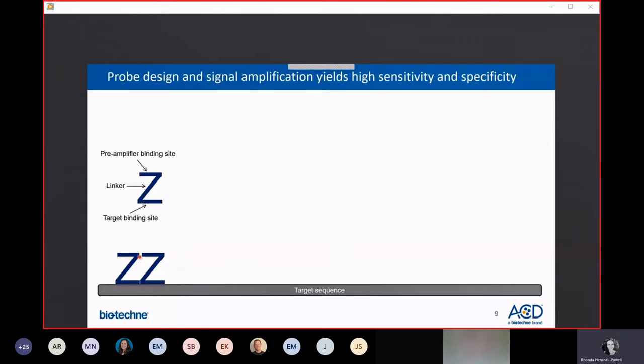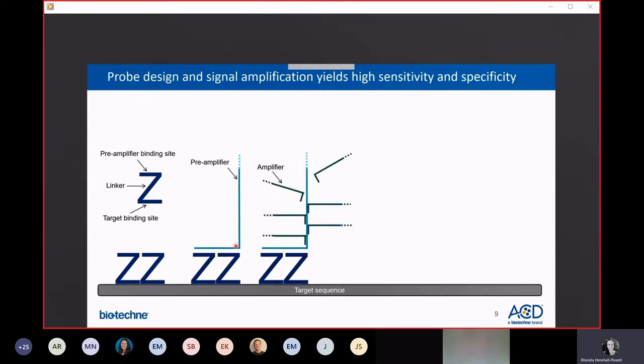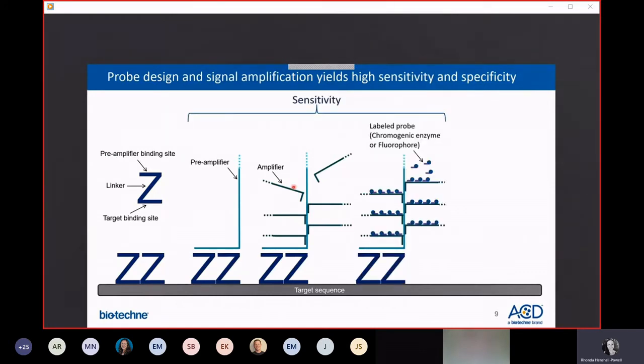Each Z has a partner, such that when two Zs of a pair bind exactly adjacent to each other on the target sequence, they form this pre-amplifier binding site here, onto which the amplification structure can be built. This pre-amplifier molecule is bound by amplifier molecules, sort of the branches of your amplification tree. And then there's so much labeled probe that's applied onto the branches that were attached to the pre-amplifier molecule that each RNA molecule is visible.